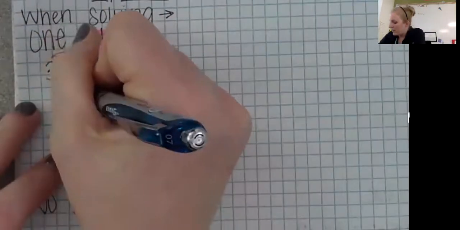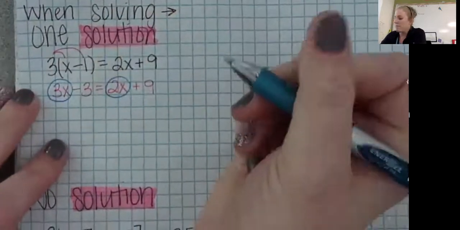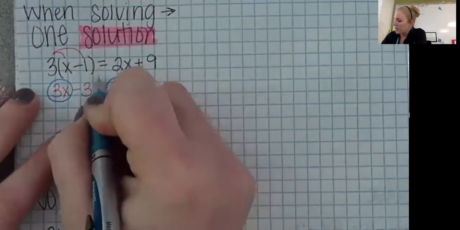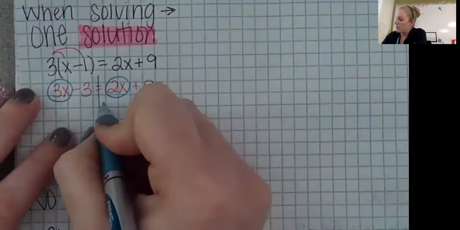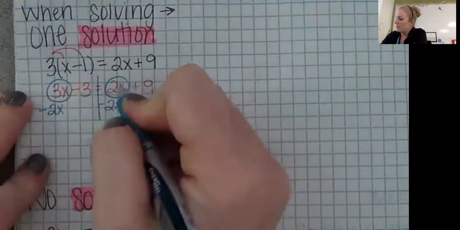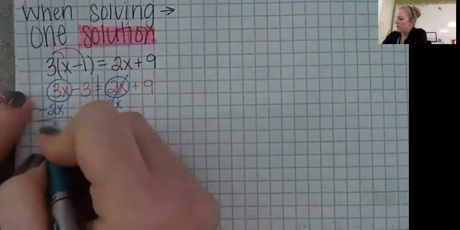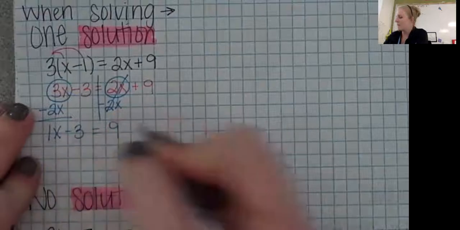I'm going to circle my variables; that's the way I like to solve them. They're on opposite sides, so I need to do the opposite to one of them. I'm going to subtract 2x, subtract 2x. 3x minus 2x is 1x, minus 3 equals 9.